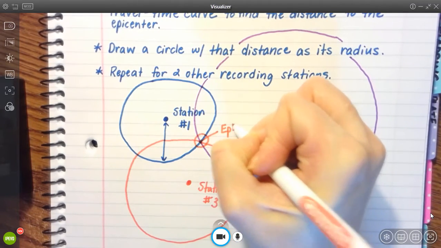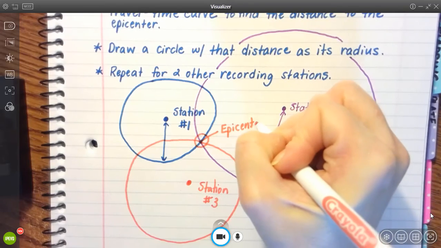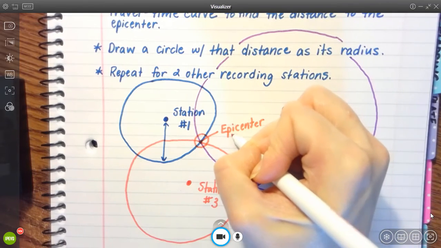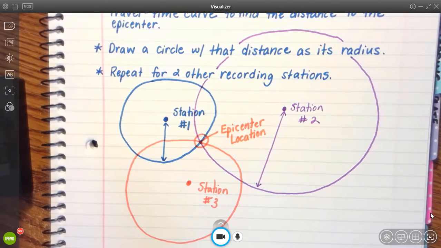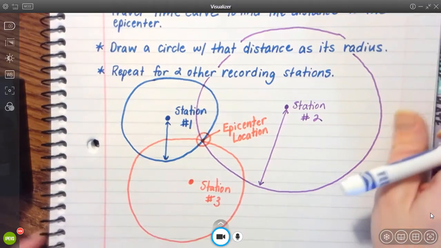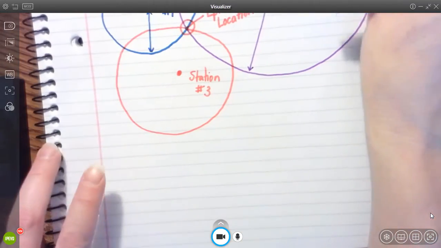When you get an intersection from all three stations, that's where you know where your epicenter was. So you have to have at least 3 stations, because if you only have 2, then you get 2 possible locations for your epicenter. So let's write that down next.